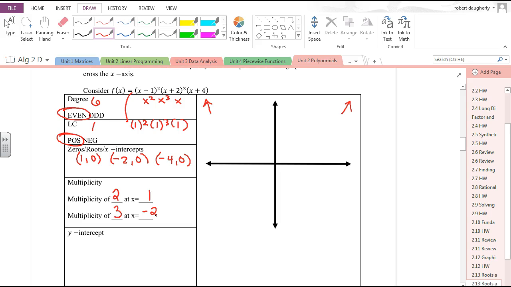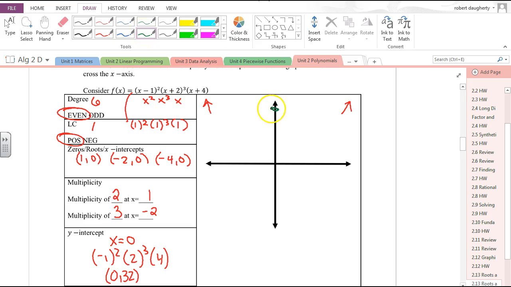What is my y-intercept? It is found by setting x equal to 0. So you get negative 1 squared times 2 cubed times 4. That is 8 times 4, which is 32. So the point 0, 32 is the y-intercept. Now I know enough to graph this.